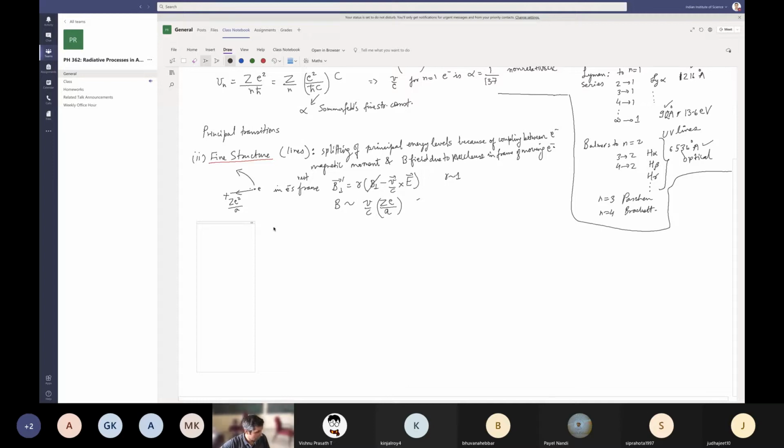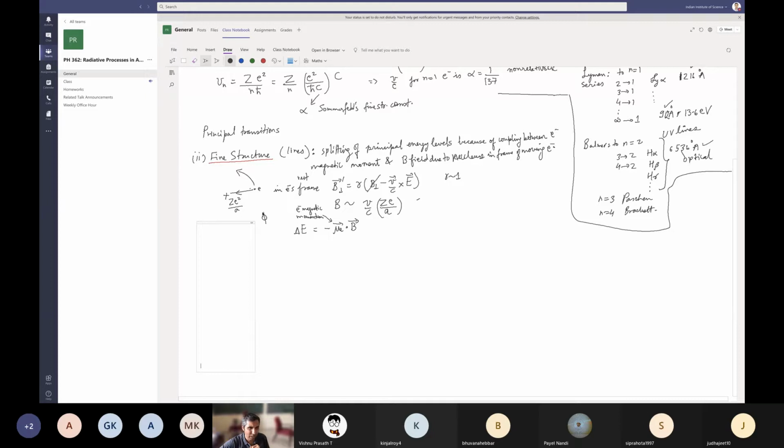So you have this energy associated with this, equal to minus mu_e dot B, right? So this is the electron magnetic moment, right? Due to its own intrinsic spin.